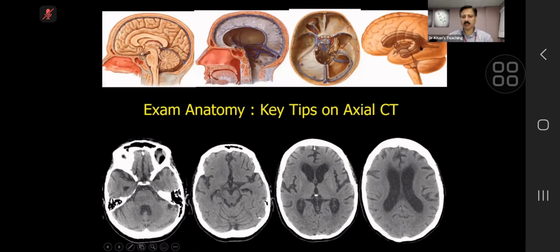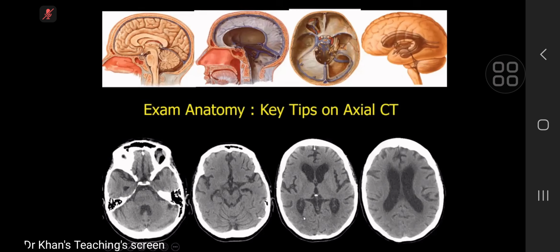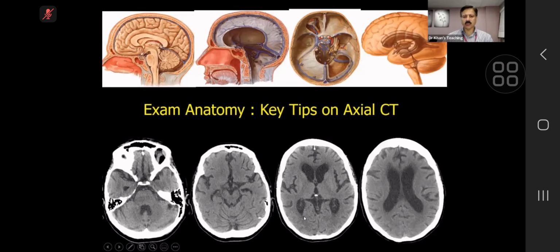The occipital horns are usually not well seen unless the patient has an atrophic brain. Please remember that the anatomy is very well seen in this case because I have selected a slightly atrophic old age brain. Otherwise, in a young patient, all of this will be difficult to pick up.